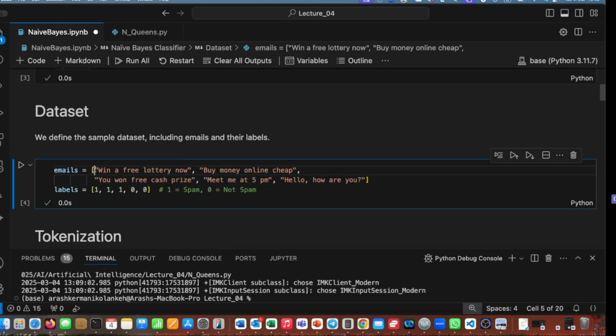So the sentences which belong to the class spam have, I don't know, X many number of words, and the word free has happened in that class 2 times. The word money has happened 1 time. Prize has happened 1 time.